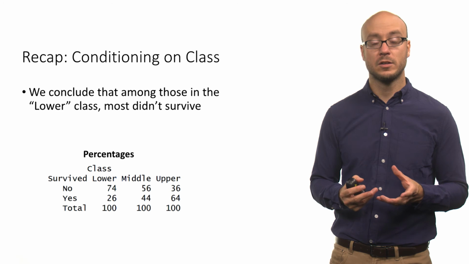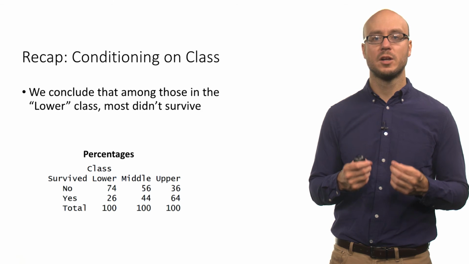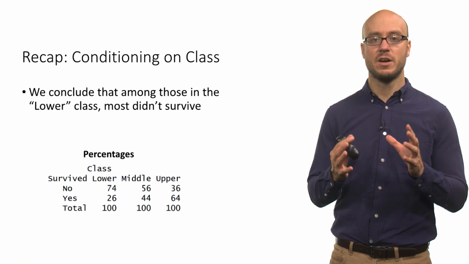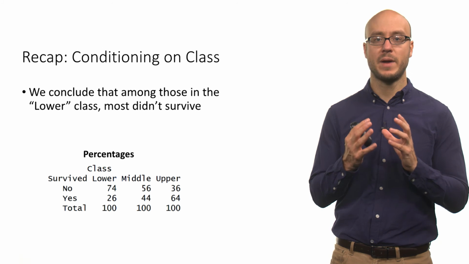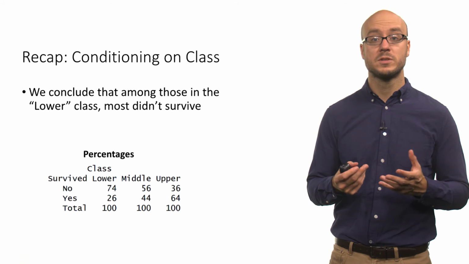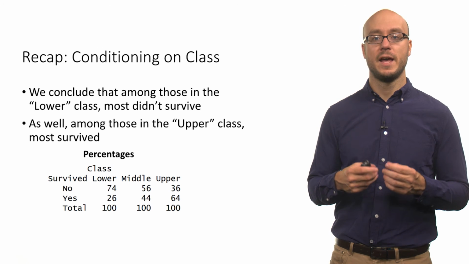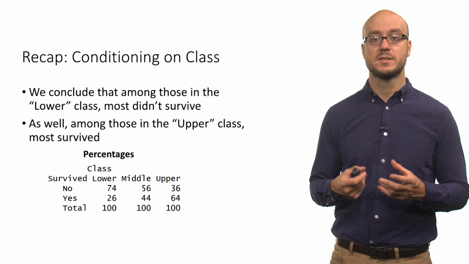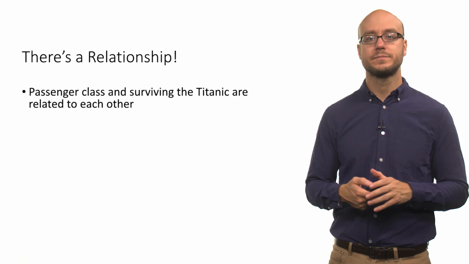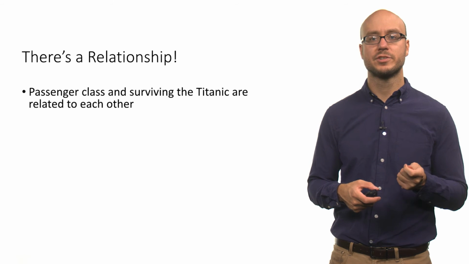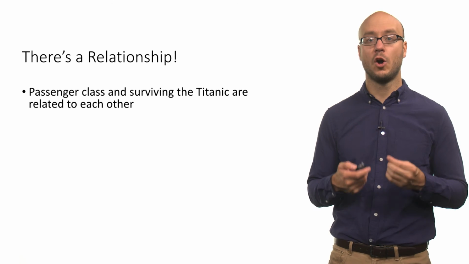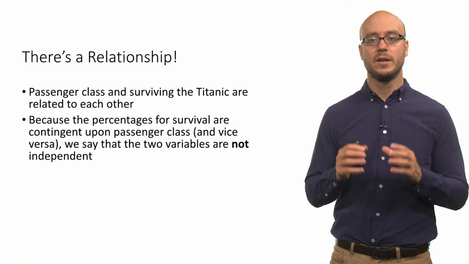We can conclude that among those in the lower class, most people did not survive, and among those in the upper class, most survived. Both of these conditioning approaches suggest a relationship. We can say that passenger class and surviving the Titanic are related to each other.